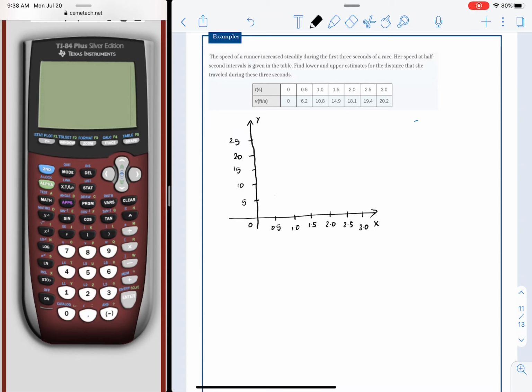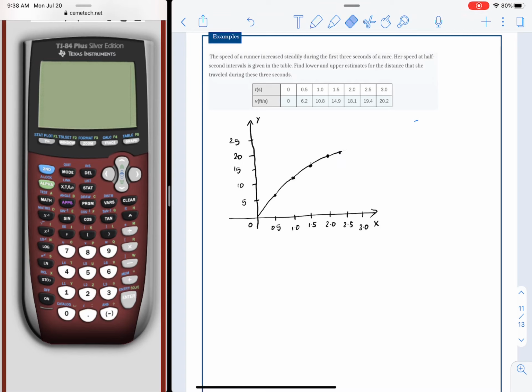At 0.5 I have 6.2. At 1 I have 10.8. At 1.5 I have 14.9. At 2 I have 18.1. At 2.5 I have 19.4, which is very close. At 3 I have 20.2. Connect the dots.